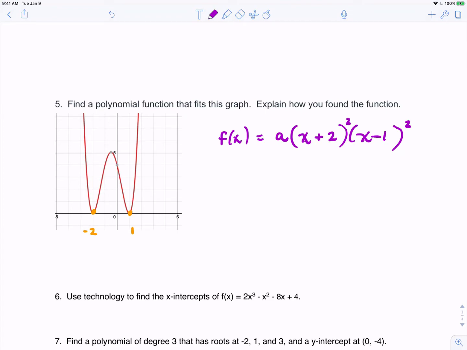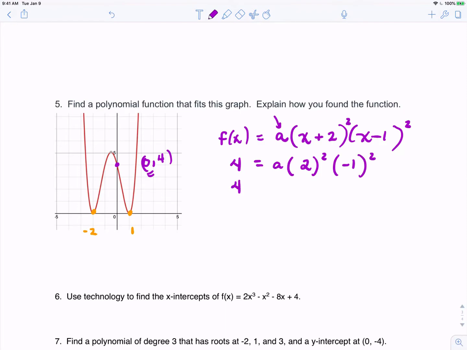So to find what a could be, we pick any point on the function. So let's pick this one here. The y-intercept is always a nice, easy one to use. That's the point (0, 4). So that means when x is 0, y is 4, and that's going to allow us to solve for a. So putting that into our function, 4 is equal to a times, remember x is 0, so 0 plus 2 is 2, so 2 squared. x is 0, so 0 minus 1 is negative 1 squared.